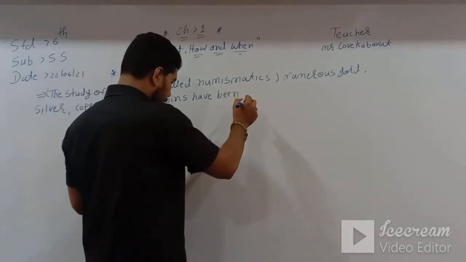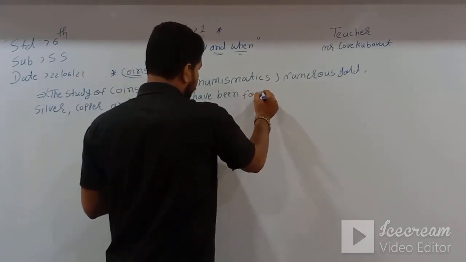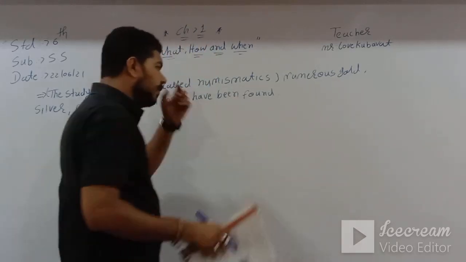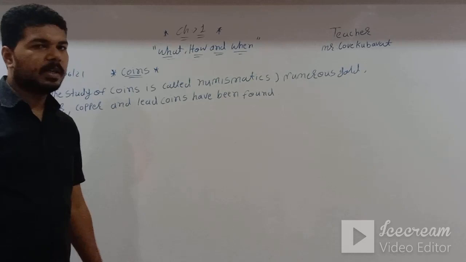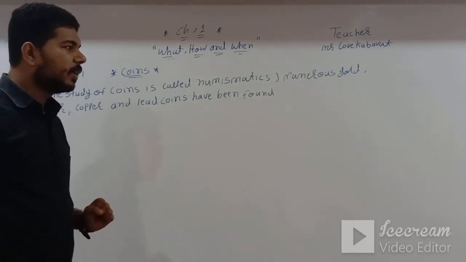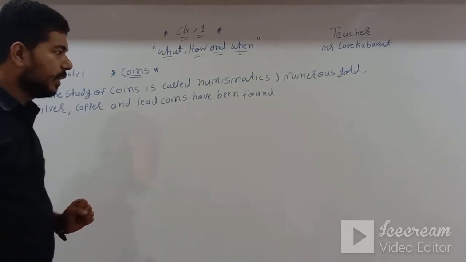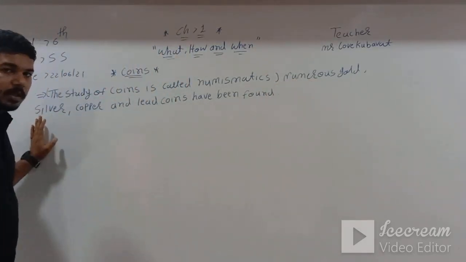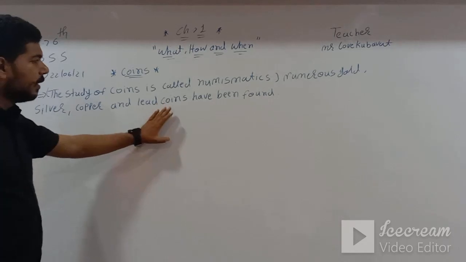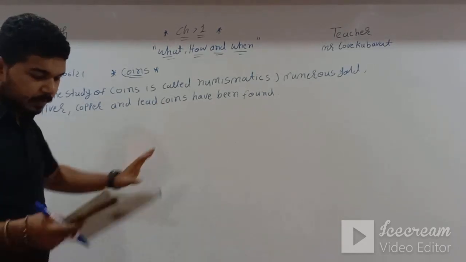Different kings and rulers in our India had different coins. That's why numerous gold, silver, copper and lead coins have been found.